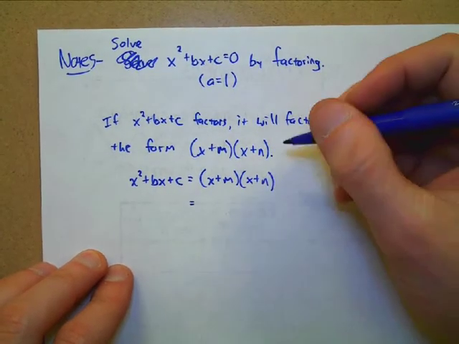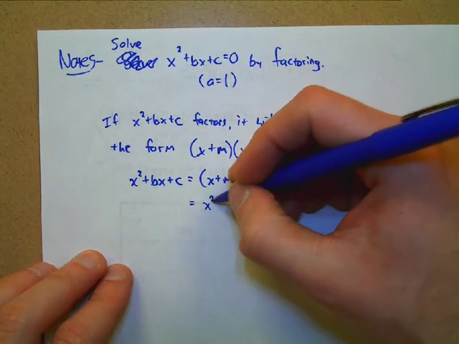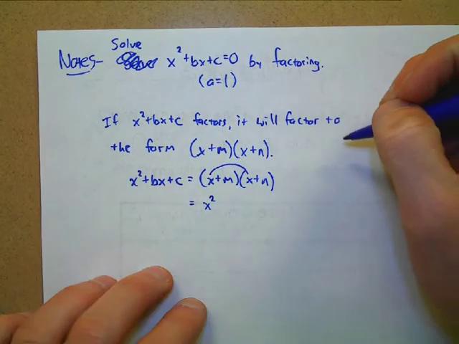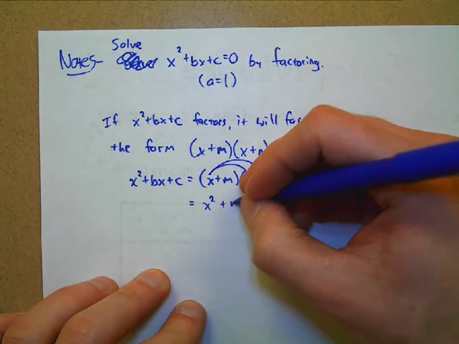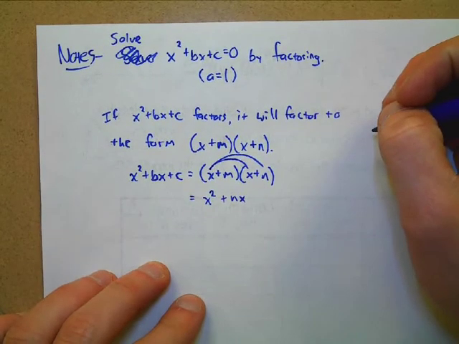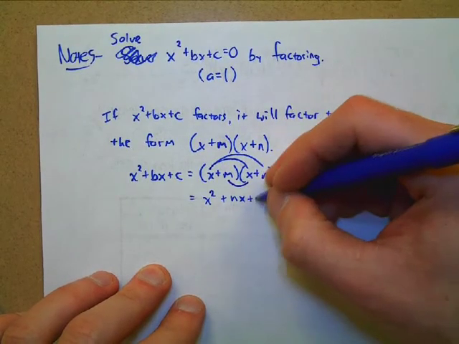So x times x will be x squared. That's the x times the x there, just like we did in the warm-up. X times the n will be nx. N times x, nx. And then we'll do m times the x, so that's mx.